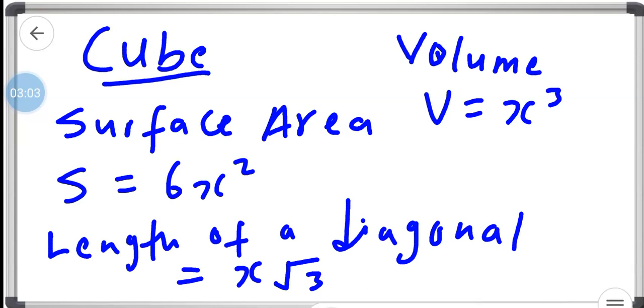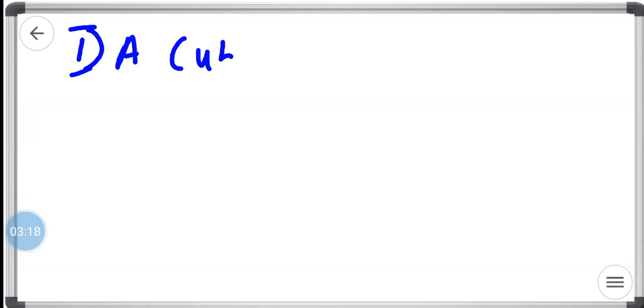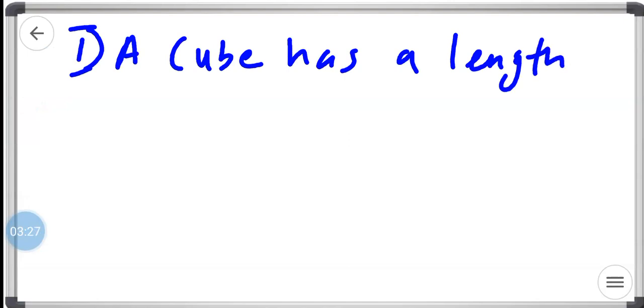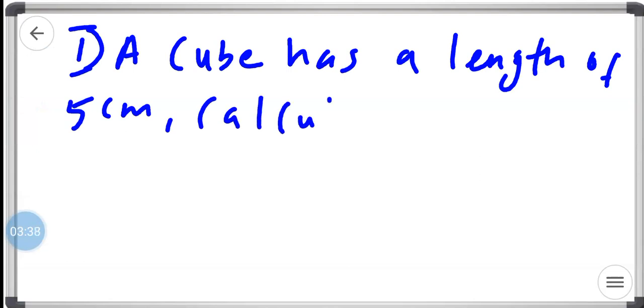So let's consider a question quickly. Question one: a cube has a length of 5 centimeter. Calculate, first, the surface area.